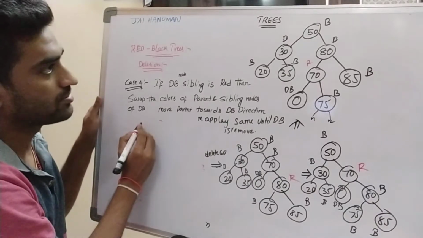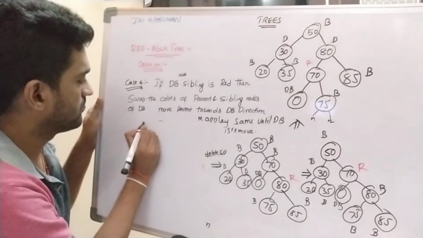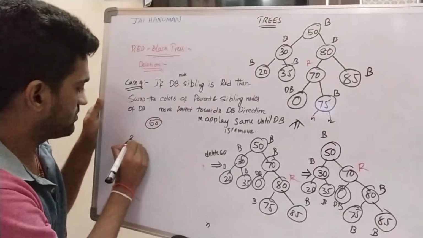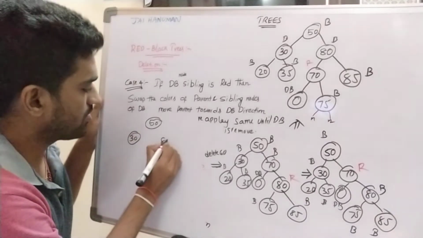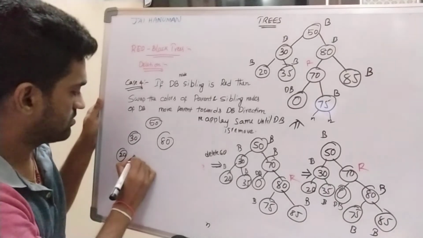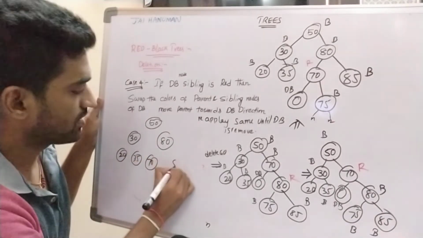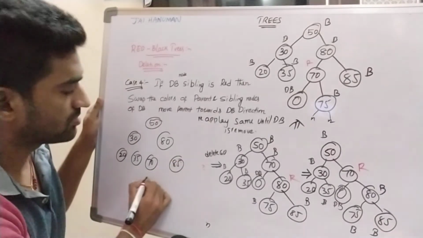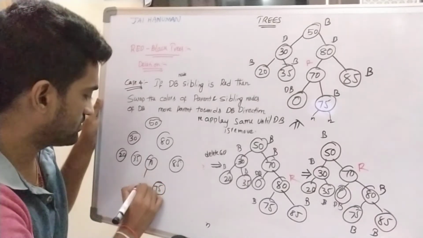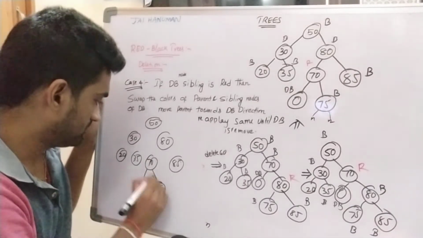So here the tree becomes like this: 50, 30, 80, 20, 35, 70, 85, 75. This becomes a normal nil node, right?